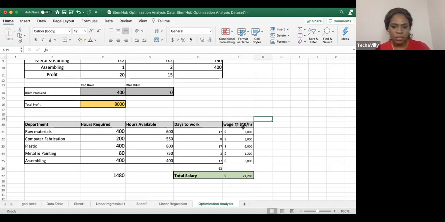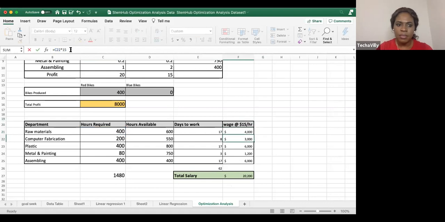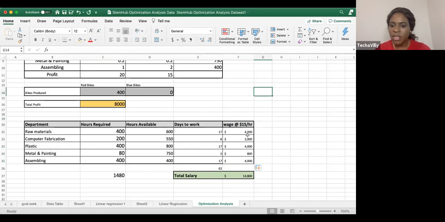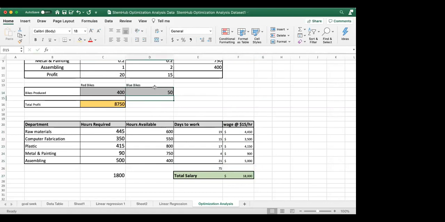You can see that the amount changed, because the total money they will be spending changed. So they can use this model to quickly take decisions. And if they also say, okay, let's add some more blue bikes, and they decide to do 50 blue bikes.